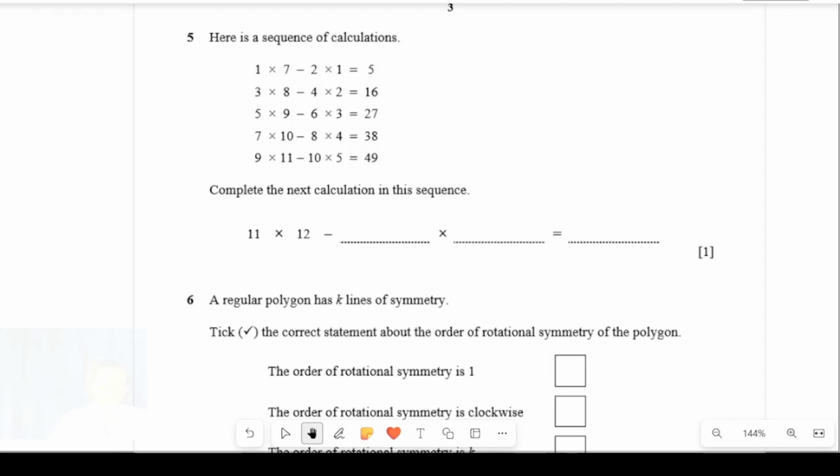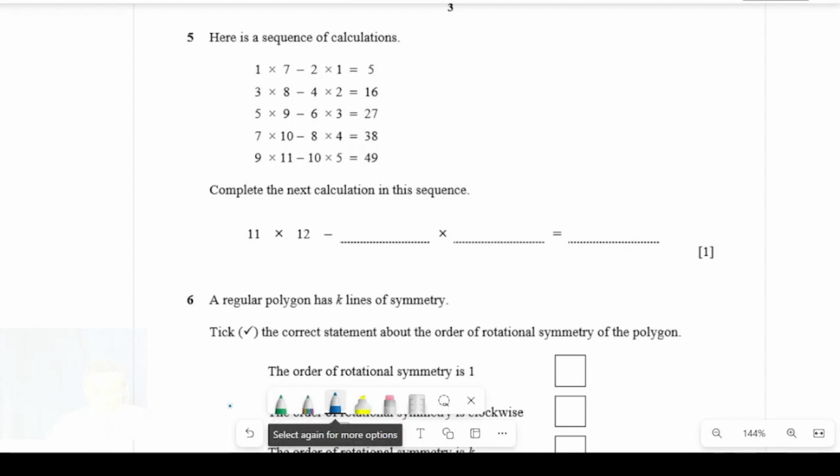So if you look at this sequence calculation, all right, so let's look at this. 1 multiply 7 take away 2 multiply by 1 is equal to 5.